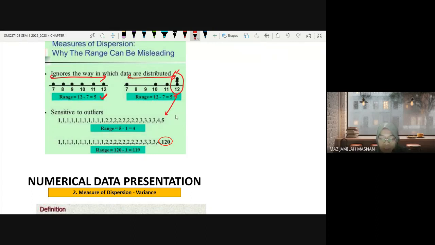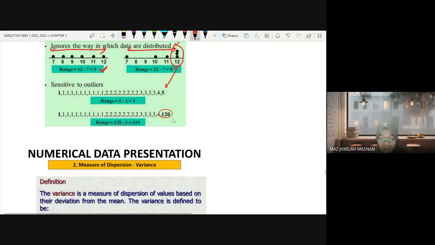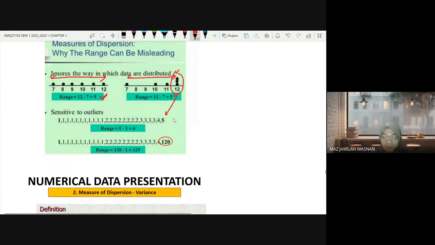Looking at the second example, the first is repetition or frequency of the data, which reflects that the range may not be good to use. The second is if you have outliers. For example, the first data is 1, 2, 3, 4, 5.